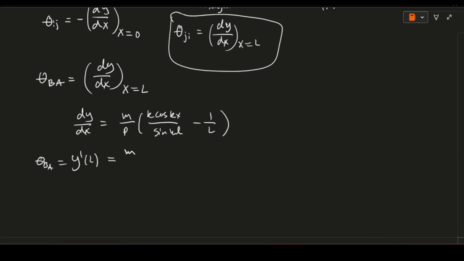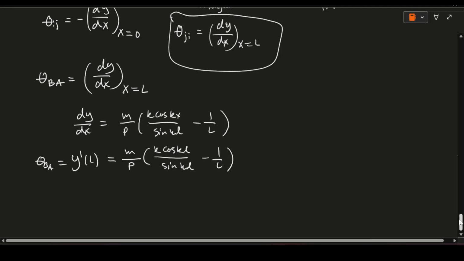This becomes M over P times k cosine kL over sine kL minus 1 over L.